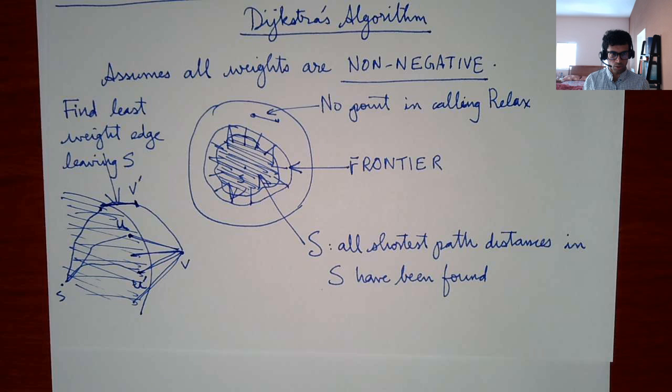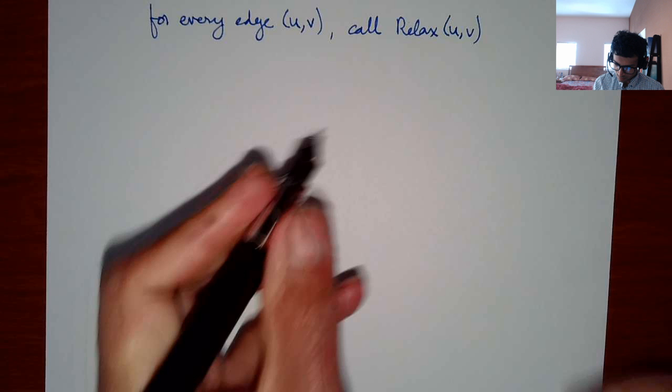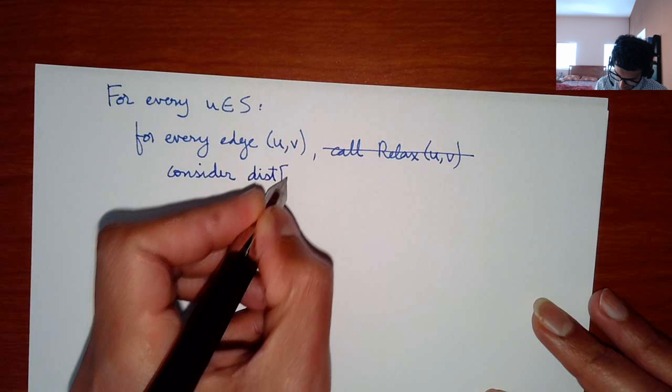And so what Dijkstra does is in some sense kind of get some meat in the middle over here. It actually is able to call relax operations only on the edges that matter. And the way it does that is, now let me just say instead of calling relax, let me just consider what happens when you call relax UV. You end up looking at distance of U plus W of UV, right?